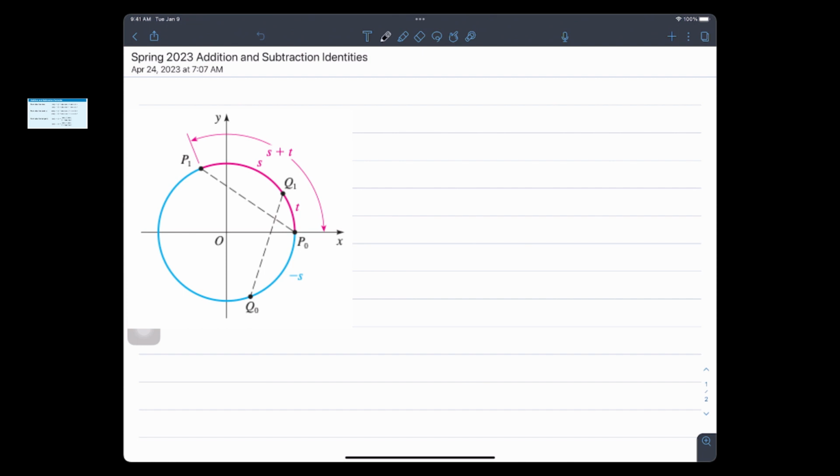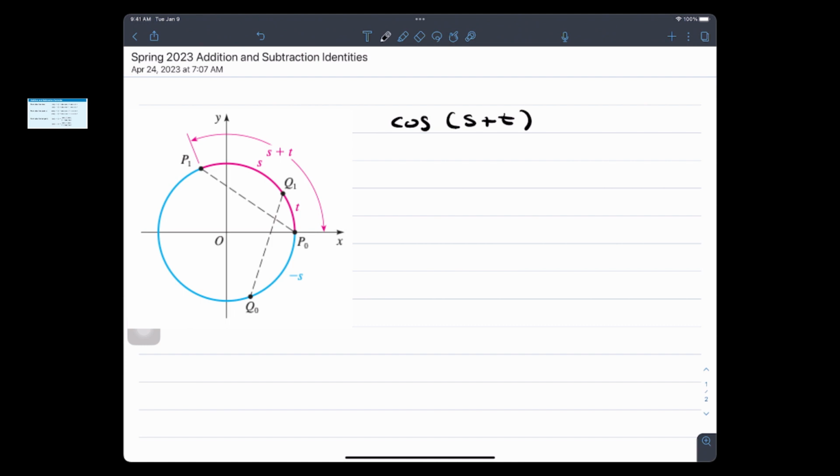So let's say, for example, we want to look at the cosine now of a sum. Okay, so this is cosine of a sum of two angles. What you're looking at is a unit circle where s and t are arc lengths, so it doesn't matter whether it's in radian measure or degree measure.